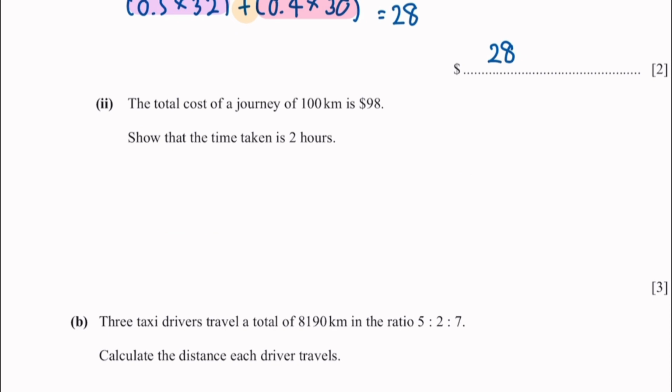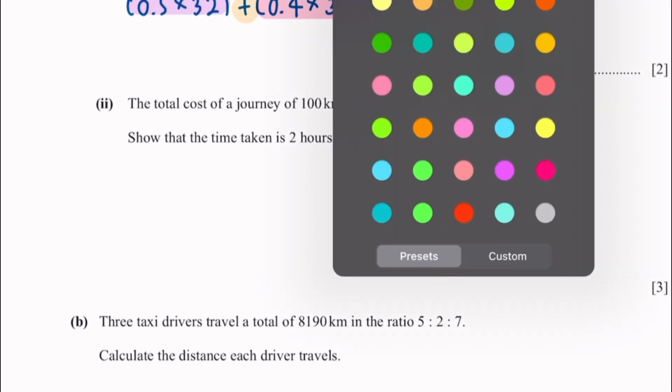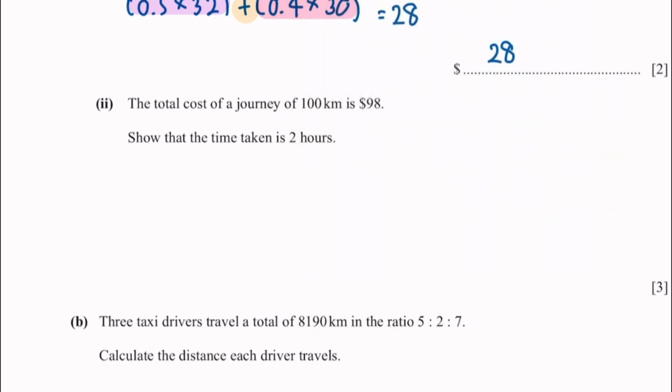Next, the cost of a journey of 100 kilometers is $98. Show that the time taken is 2 hours. So first, I will represent T as the time taken for this journey.